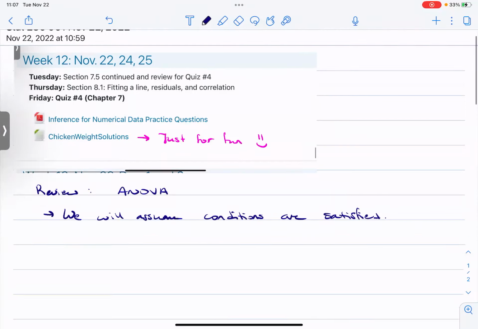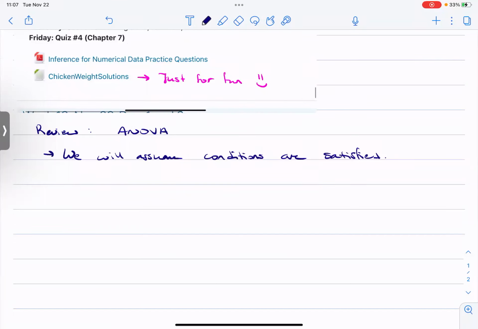In an ANOVA, the null hypothesis, and maybe I should label it step 1, right? And this is a review from last day. So step 1, state the hypotheses. How we are talking about the ANOVA is for means, right? So now I have more than 2 means. If I have 2 means, I should just do a 2-sample t-test if I want to compare the two, right?